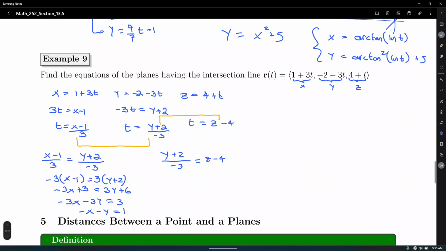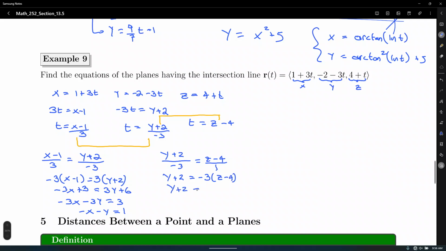Well, one variable is missing, the z variable. It doesn't matter. That's fine. Okay, let's do the same with the second combination of equations. So I'm going to cross multiply. This is technically z minus 4 over 1. Cross multiply those 2. That's y plus 2 equals negative 3 times z minus 4.